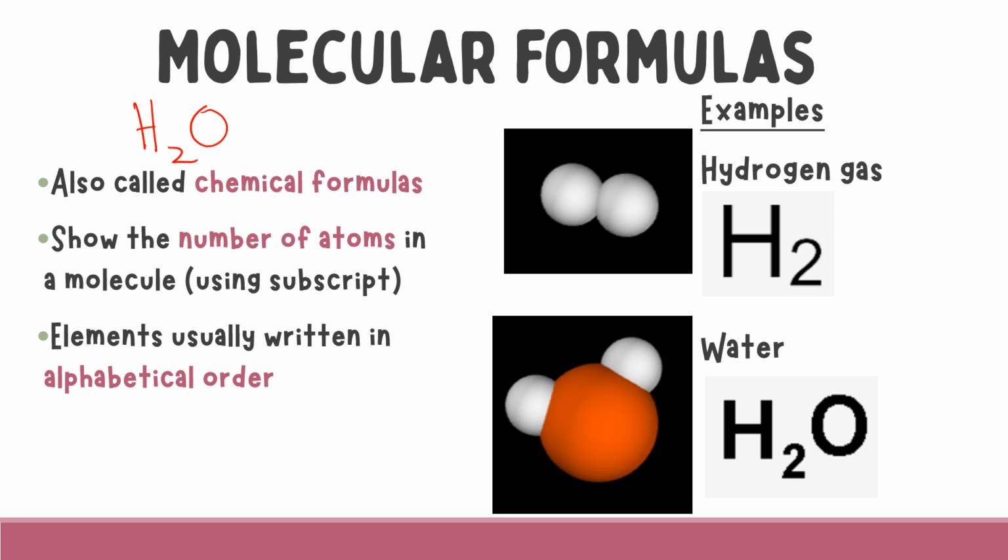So to write the molecular formula for hydrogen gas, you need to look at the molecule, and you can see it's got two atoms bonded together here, and both of those atoms are hydrogen. So to write the molecular formula for this molecule, we need to find the chemical symbol for hydrogen, which is H. And then we're going to write a small number to the bottom right, which is our subscript.